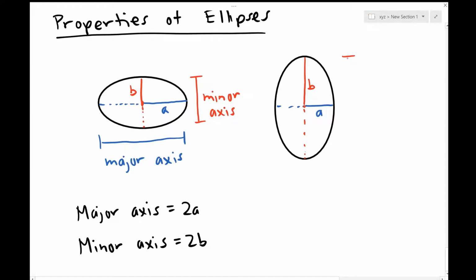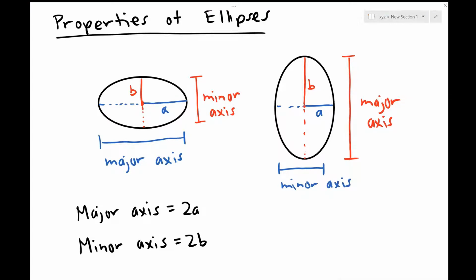In this case, the vertical distance would give us our major axis, and the horizontal distance would give us our minor axis. And so in this case, the major axis has a length of 2b, and the minor axis has a length of 2a.